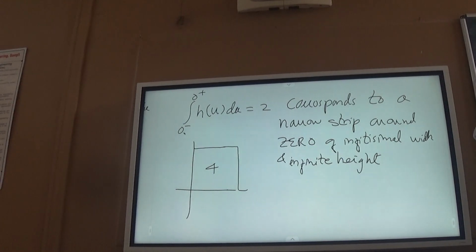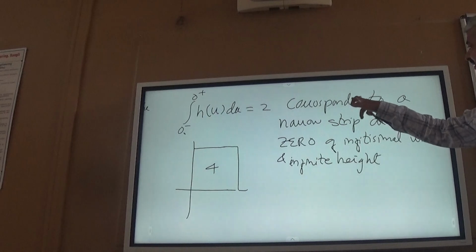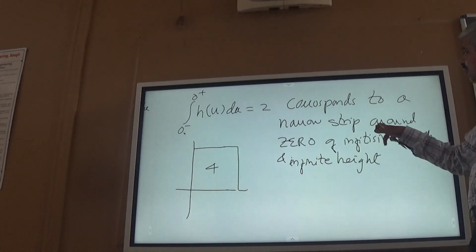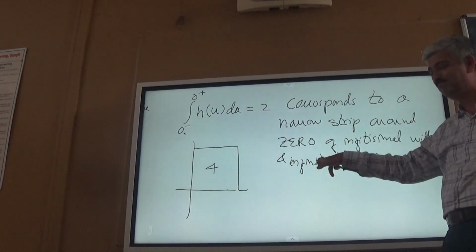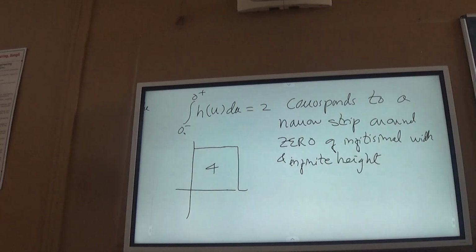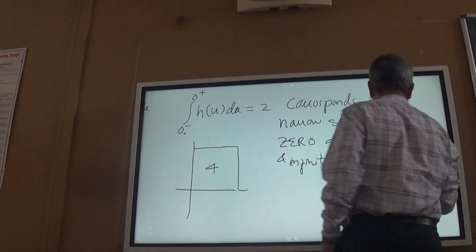Is it clear? So this corresponds to a narrow strip around 0 of infinitesimal width and infinite height and area 2. So we need to specify where we started, right?